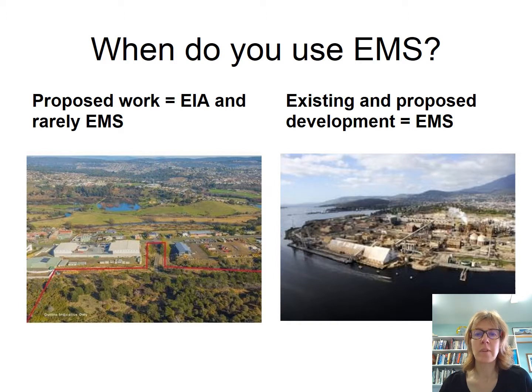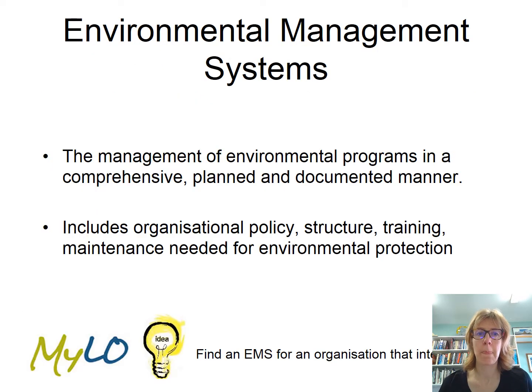So an environmental management system is quite commonly in place in a big organisation, and it helps this ongoing improvement. So it's basically the management of environmental programs in a comprehensive, planned and documented manner. Documented is really important. So you're actually measuring things and writing them down and checking to see what's happened.